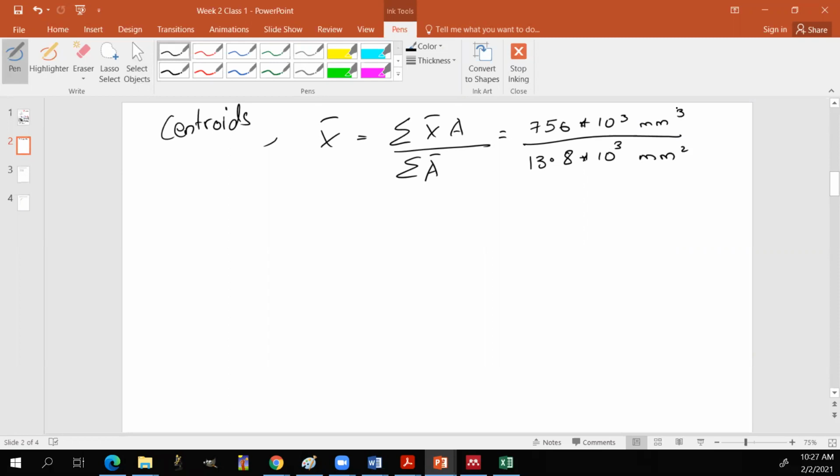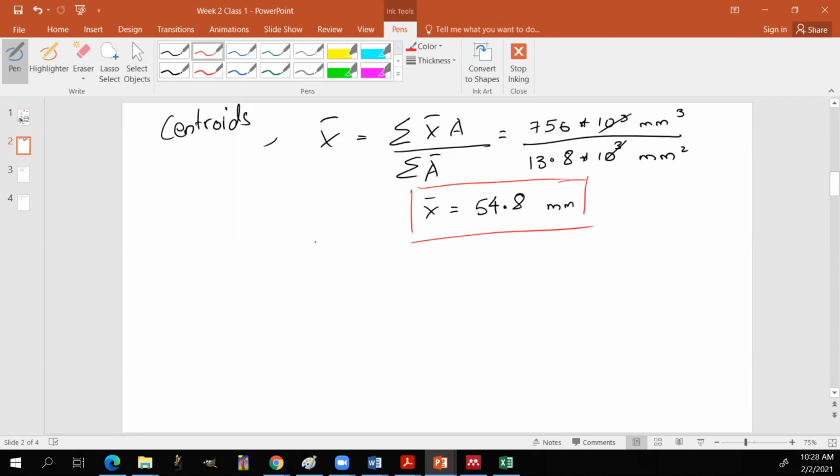So what is this equal to? 54.78. The 10 to the 3 cancels out. So let's just say 54.8 millimeters. Careful with the units.